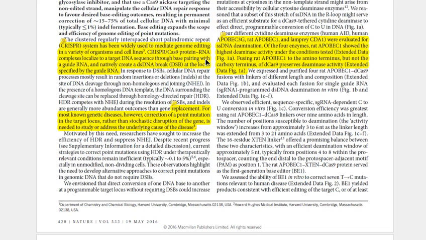So we know CRISPR has been widely used to mediate genomic editing in a variety of organisms and cell lines. The CRISPR-Cas9 protein RNA complex localizes to a targeted DNA sequence through base pairing with a guide RNA, and it creates double-stranded breaks at the locus specified by the guide RNA. And this is how we've known that CRISPR has always worked, and that's what is in the HHMI interactive.